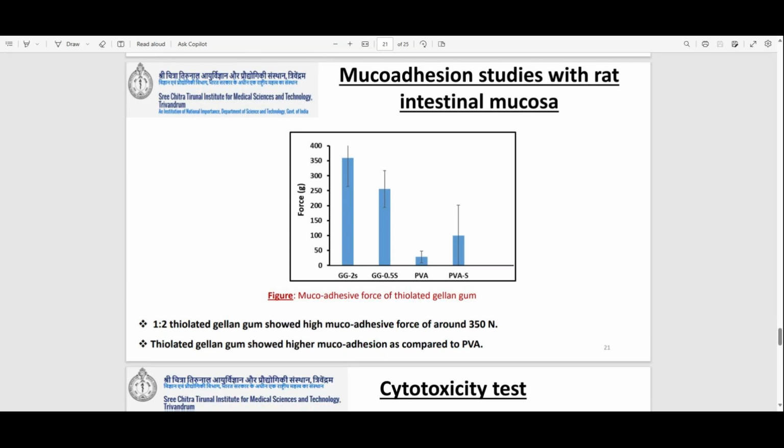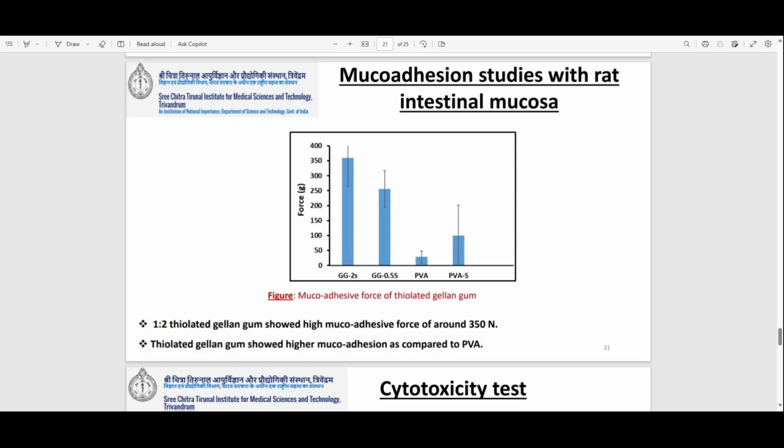We used the rat intestinal mucosa, and we have also used the pig oral mucosa, to study the mucoadhesive properties of the system using the tensile texture analyzer.